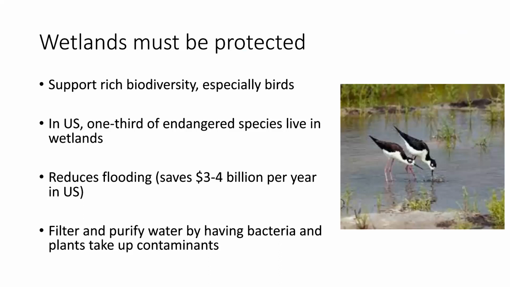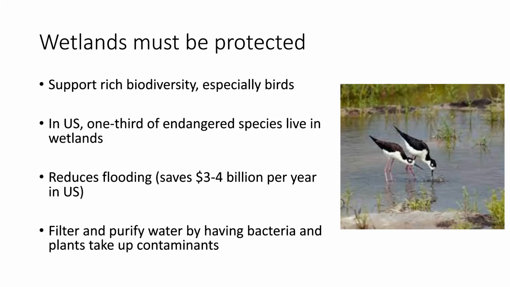And because of that, it makes them extremely, extremely important. I think in the textbook, it said that 5% of the United States is wetlands, I believe. But within the wetlands, they support 1/3 of all endangered species within the United States. So if you just pick 3 endangered species, at least one of them would likely live in a wetland.